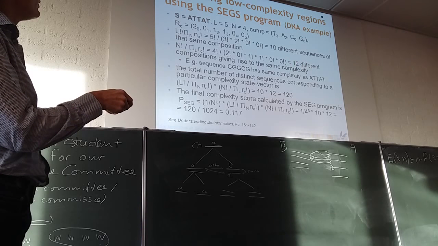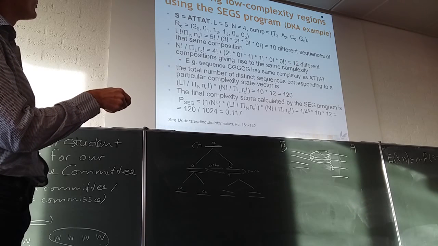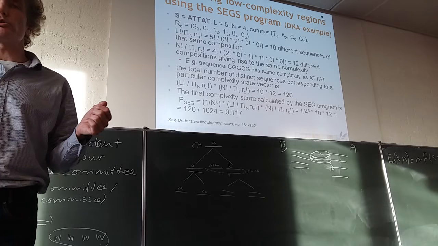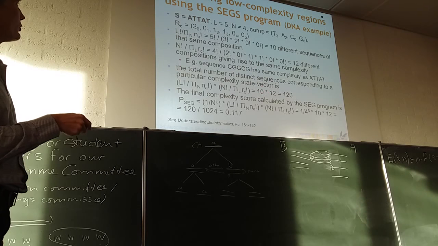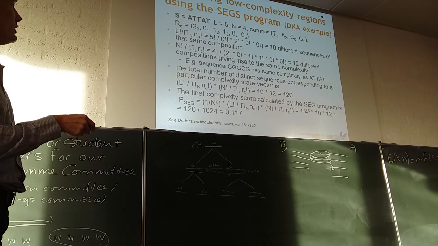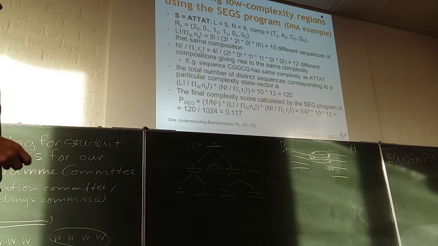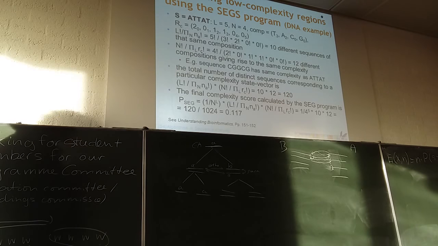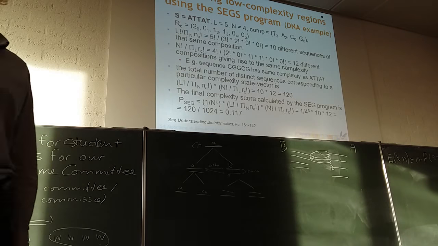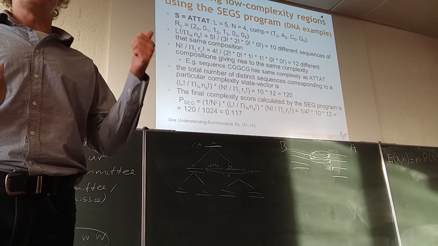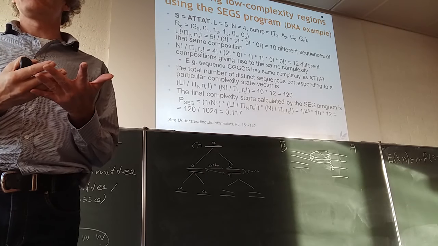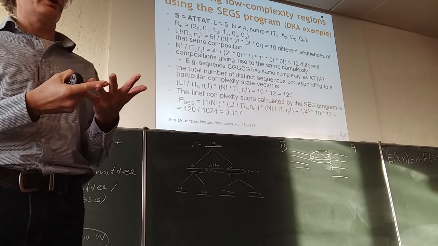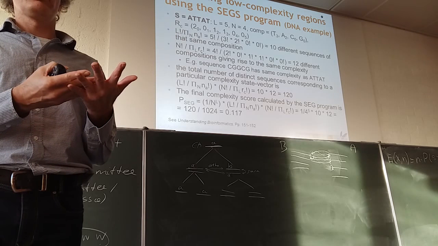And that says there's 12 different combinations of letters that actually gives the same complexity, and then you take the product of those. So then you get that there's 120 different sequences that you can write down with 2 of one letter and 3 of the other letter. But you don't care which are the 2 letters.